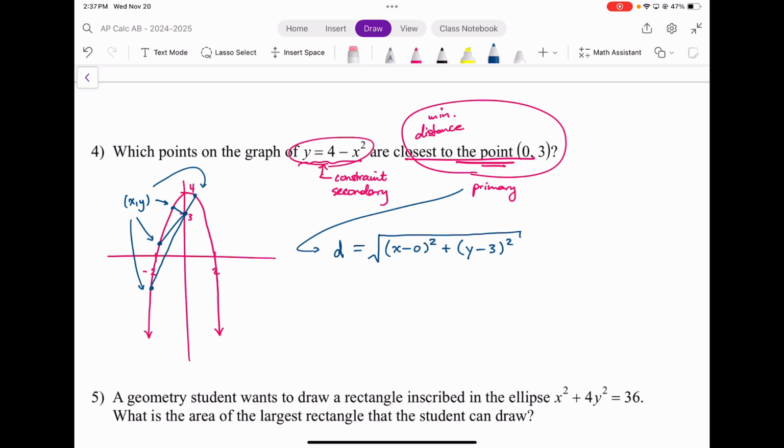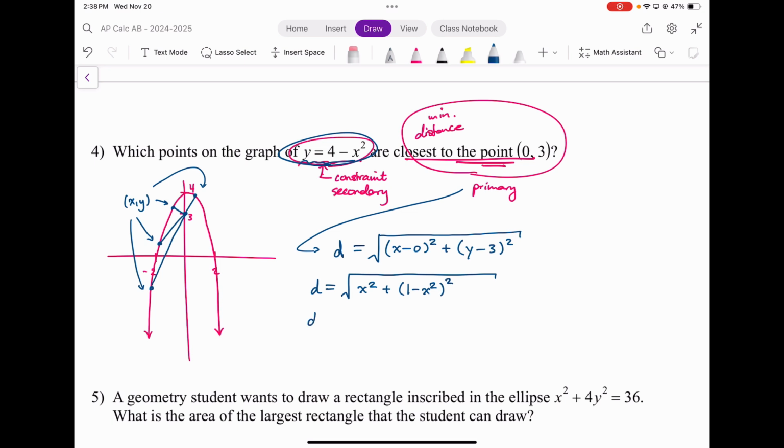My secondary is this guy. So now we can take this and plug it into the primary. So d equals the square root of x squared there. When I plug it in for y, I'm going to get 4 minus x squared minus 3. So 4 minus 3 is 1, so we're going to have 1 minus x squared, squared.